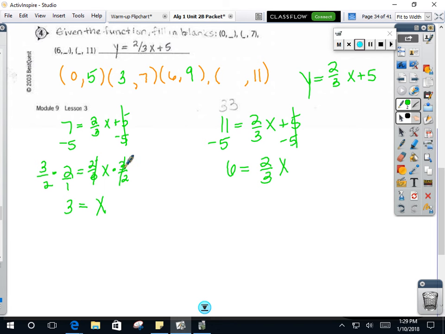And now, just like we did over there, you can either divide by 2/3 on both sides, or you can multiply by the reciprocal 3/2 on both sides. Now, when you multiply a fraction by its reciprocal, it's 1. It cancels out. That's why we do it. And on this side, don't you end up with an 18 on top and a 2 on bottom, so 9? Okay, go ahead and copy that.